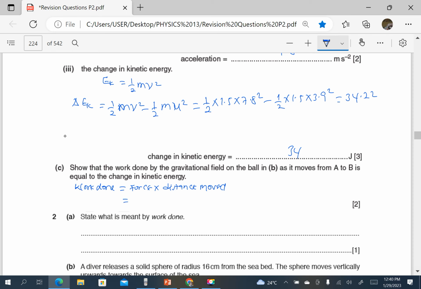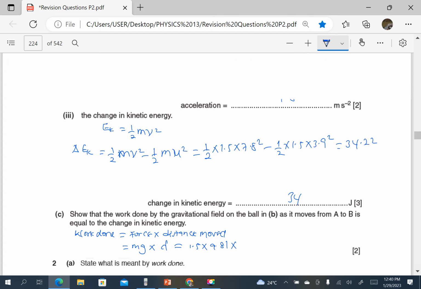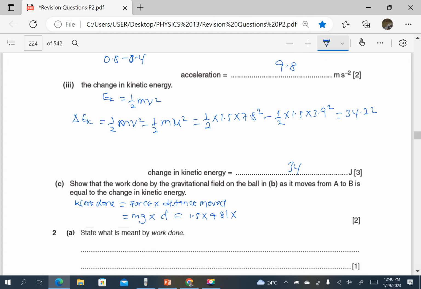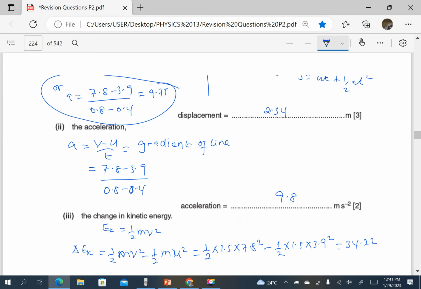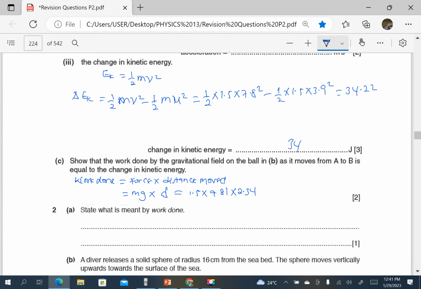The force is going to be the weight, which is mg, times the distance moved. I'm now substituting. The mass is 1.5, then g is 9.81, and the distance moved, we have seen it above. The displacement was 2.34.